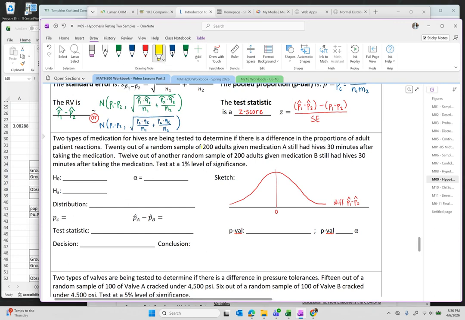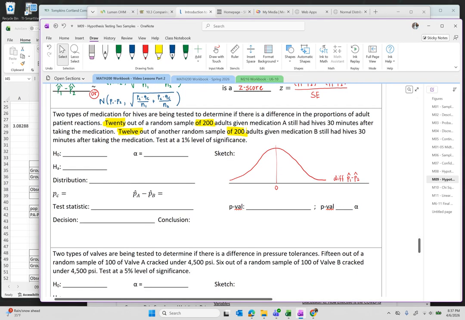We have a sample of 200 adults, and they were given medication A, and 20 out of that random sample had hives 30 minutes after taking the medication. Then we had another sample also of 200 adults, different adults. They were given medication B, and 12 of those out of the 200 still had hives after 30 minutes. And we want to test at the 1% significance level.